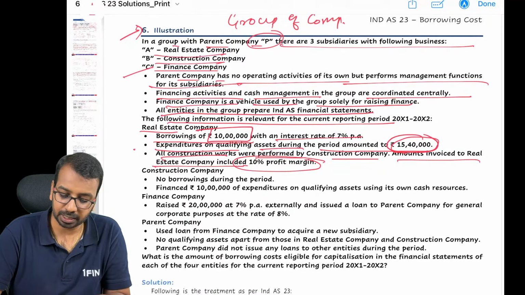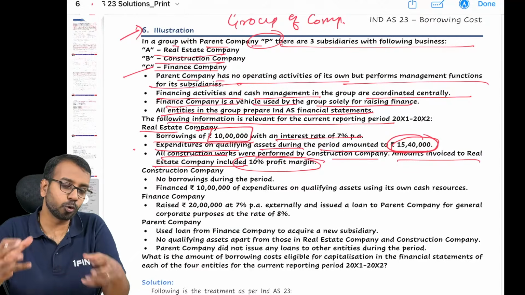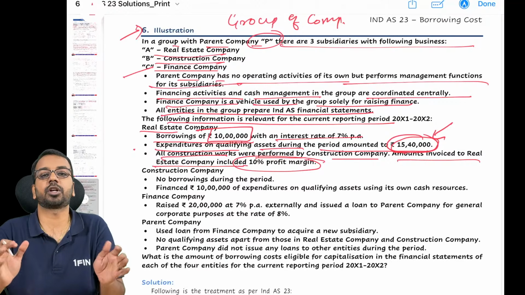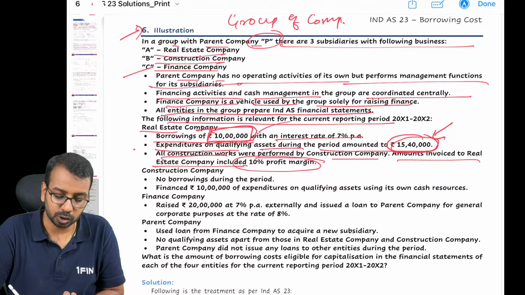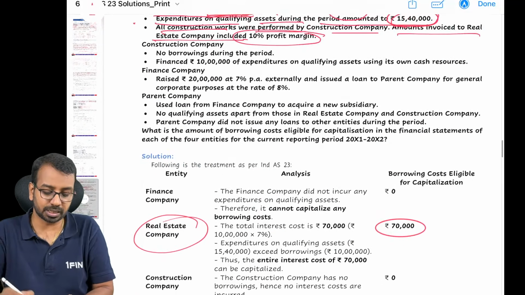Expenditure is 1540, so for them the cost is 1540. For the group there may be a profit element, but for this party it is 1540 only. But my borrowing is only 10 lakh, so 10 lakh into 7%, I can capitalize only 70,000 for real estate company.